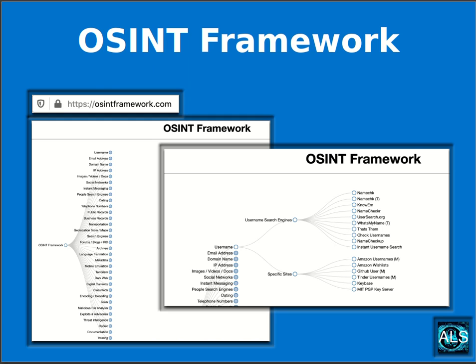Now sometimes some of these things, the websites that are targets of these different hyperlinks, sometimes those may be broken, or sometimes that website does not exist anymore. So keep that in mind. But it is a good place to begin.